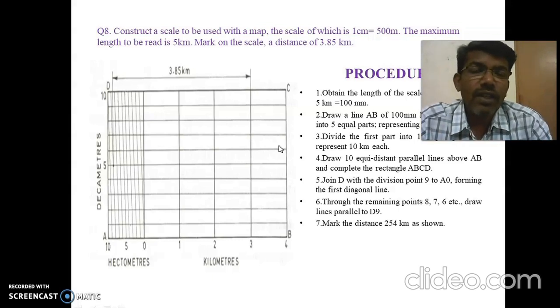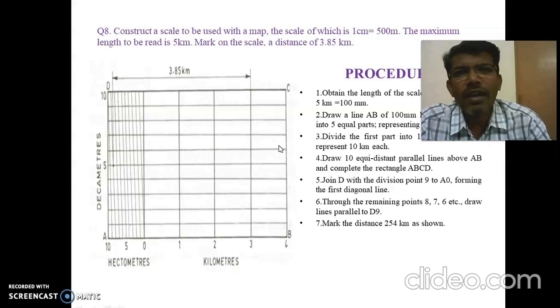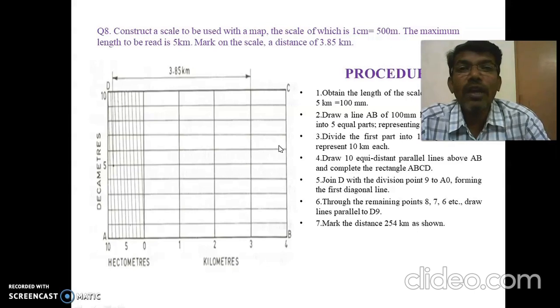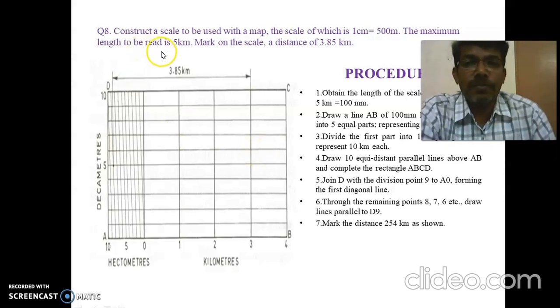To find out the length of the scale, the formula is representation factor or scaling factor into the maximum distance. If you find out the length of the scale, half of the work is over. Then simply draw a line of that length and divide it into equal parts, as many as mentioned.